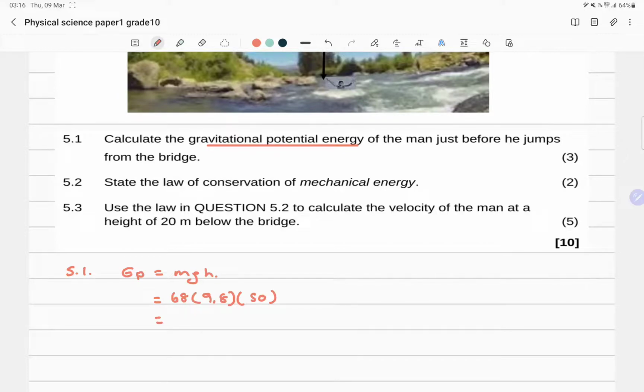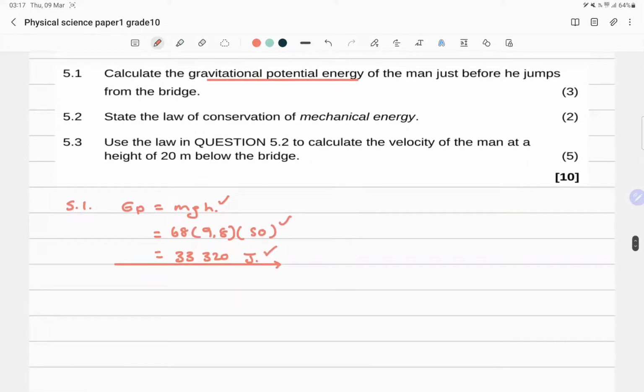It's going to be 68 into 9,8 into 50. This gives us 33,320 joules, okay? Remember, this is energy, so it's measured in joules. So your answer must have an SI unit. So formula, substitution, answer. Standard 3 marks.